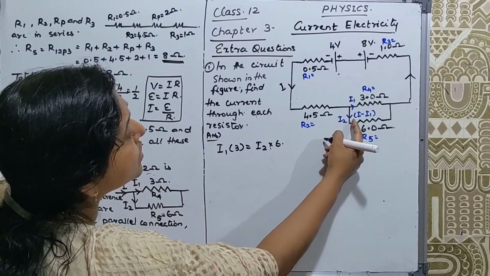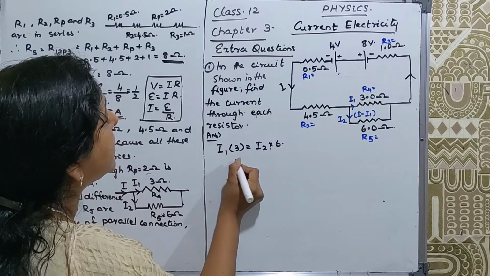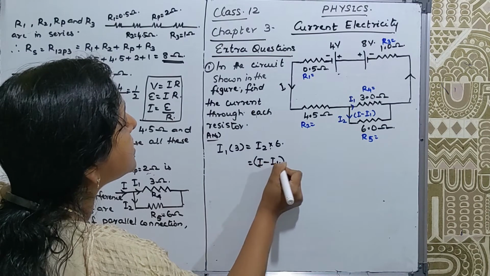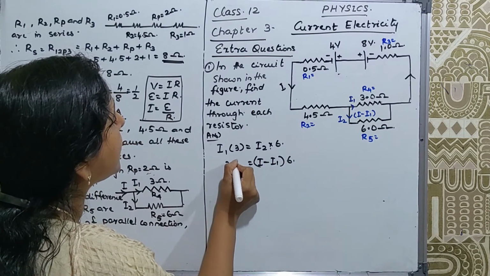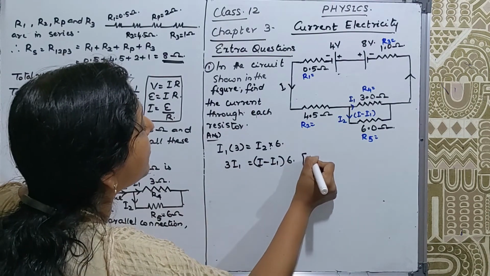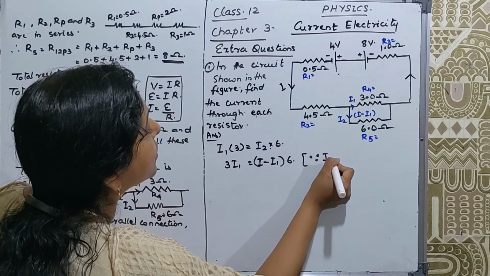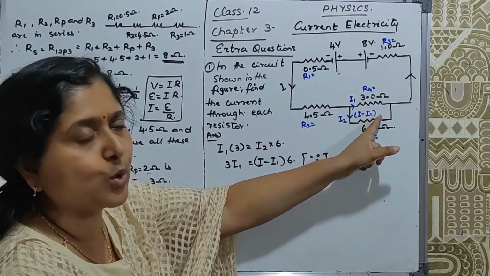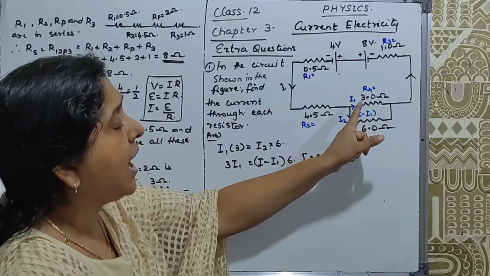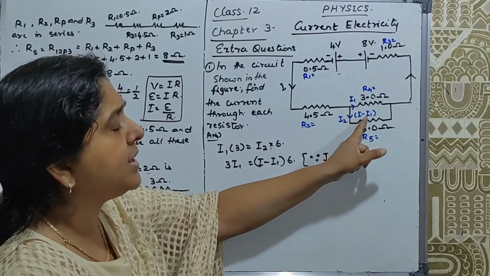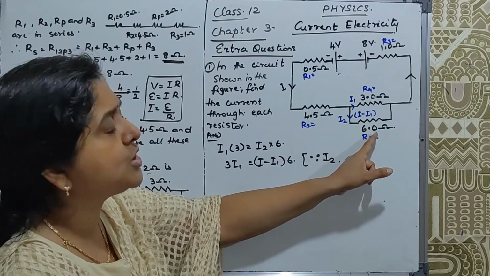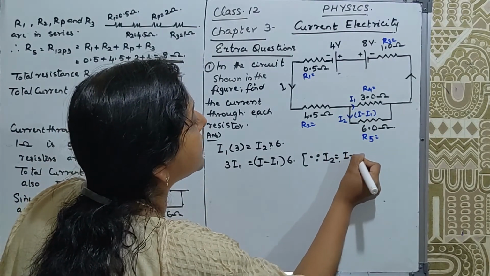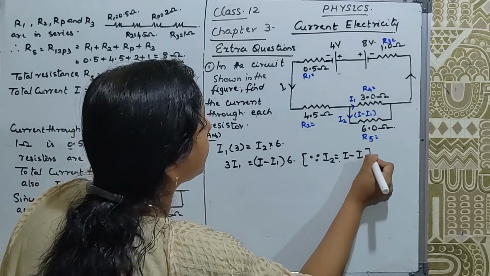But what is I2? I minus I1. So that will be I minus I1 into 6 equals 3I1. Why is I2 equal to I minus I1? Because a part of the current, I1, will flow through the 3 ohm resistance and the remaining current, I minus I1, will flow through the 6 ohm resistance.